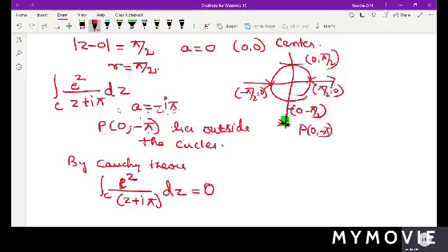Since the point is outside the circle, you directly write down 0, where C is modulus of z equal to π/2.